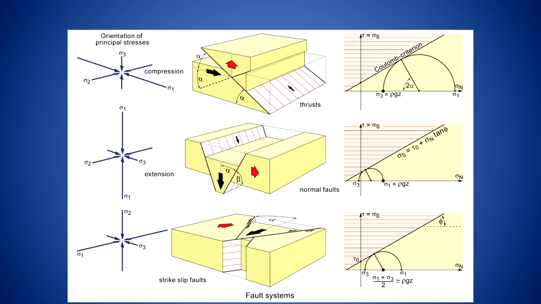This part we have discussed in one of the lectures, how the orientation of principal stresses will be observed in different tectonic environments. You have a compressional tectonic, then an extensional tectonic environment, and then a strike slip environment.